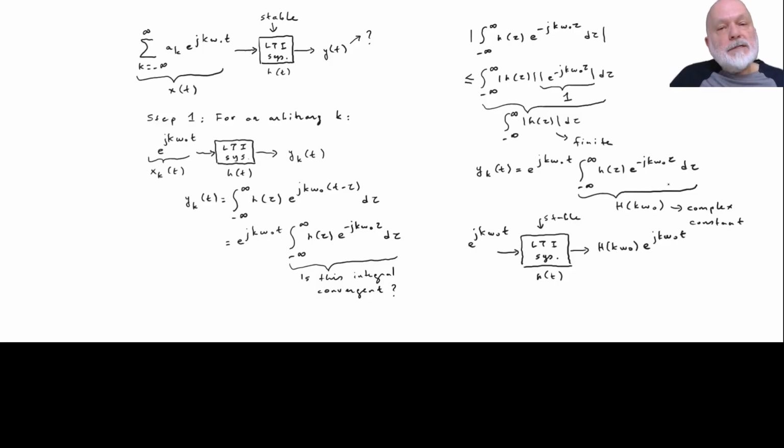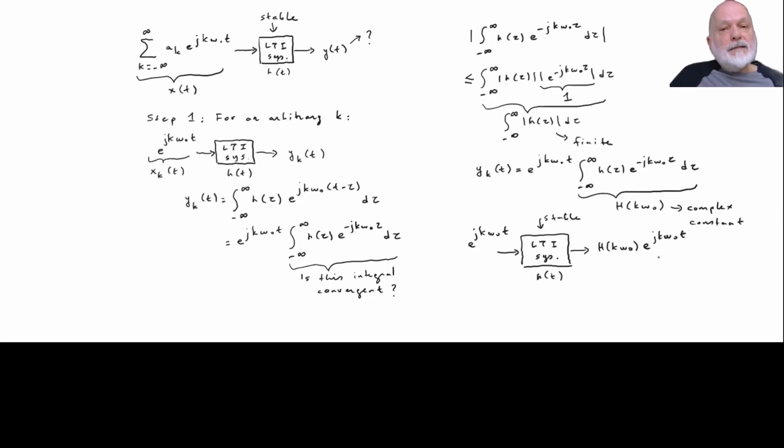In fact, we have discussed this in another video, to verify a very important result related to stable LTI systems. If the input signal of a stable LTI system is a complex exponential signal, the output is also the same complex exponential signal, but only multiplied by a constant.